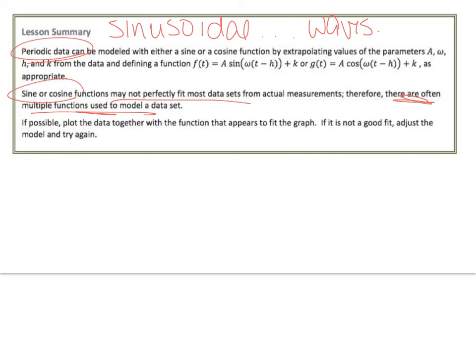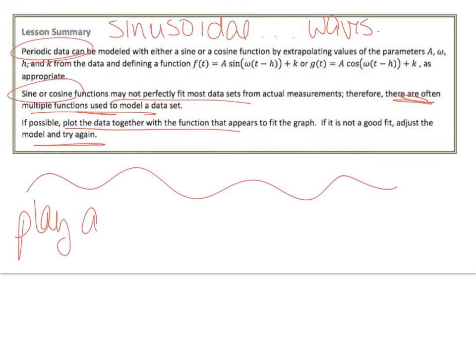If possible, plot the data together with a function that appears to fit the graph. If it's not a good fit, adjust it and try again. The summary: play around, get a feel for what's going on, and you'll get better at it as you practice. Phew, good work today. That was a long one.